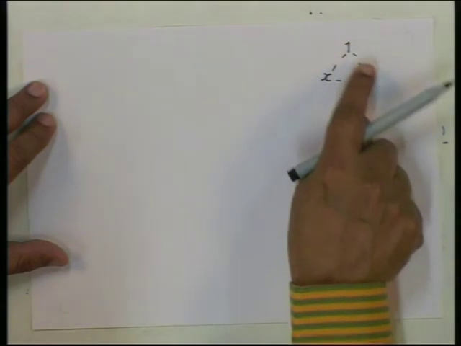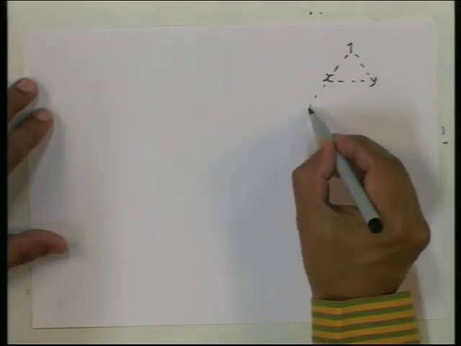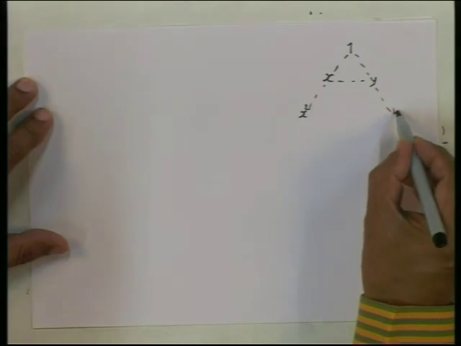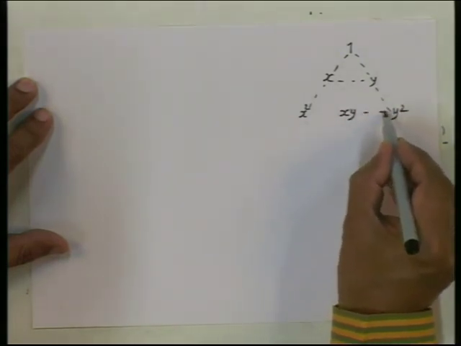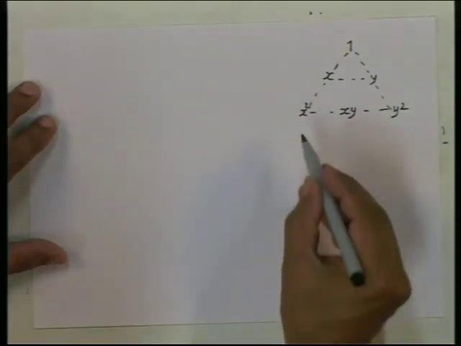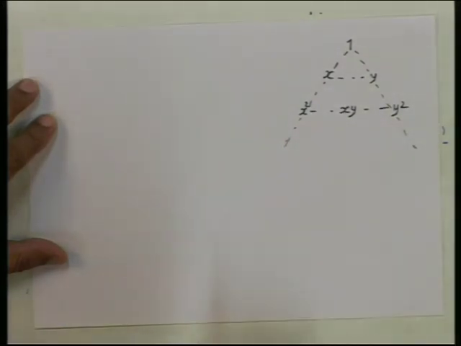In a triangle we use one constant plus constant into x plus constant into y. The next terms are x square, y square, and another quadratic term, up to quadratic. I do not want to go beyond that for the time being.